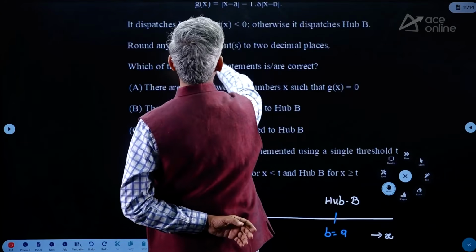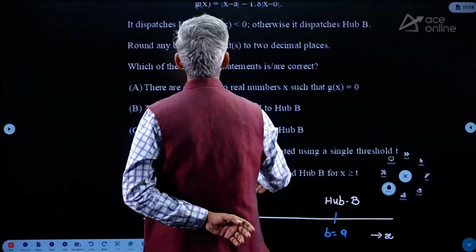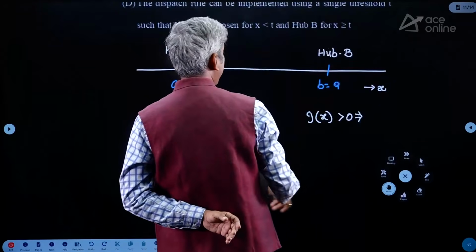That will be decided by g of x values. If g of x is less than 0, hub A.